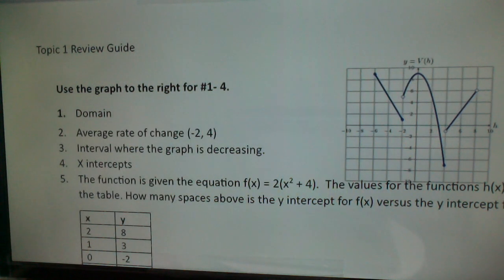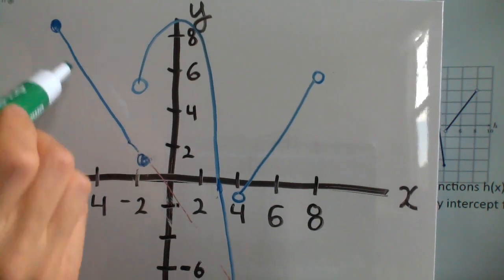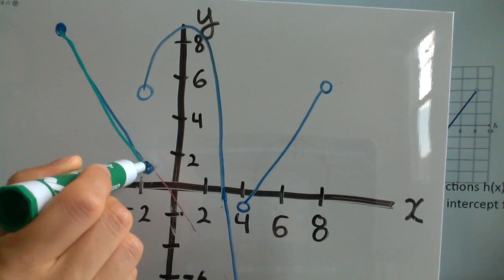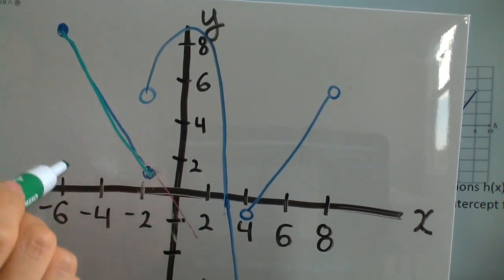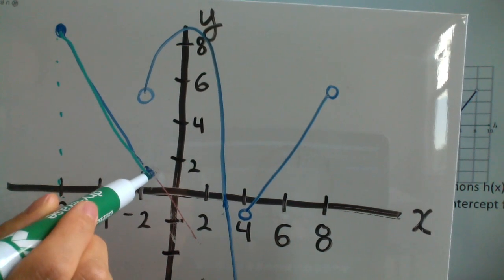So how do we answer? We have to answer with x terms, which means we are deciding what the intervals are where the graph is decreasing. So here is the big picture. Let's see. This is decreasing, right? So I'll do here to here.